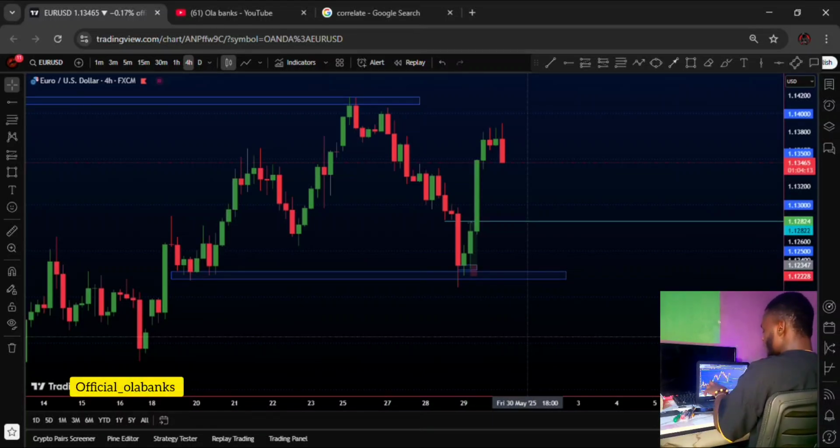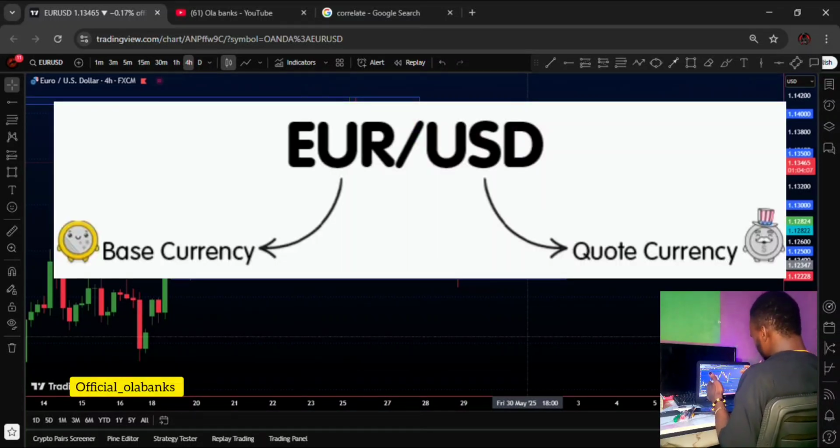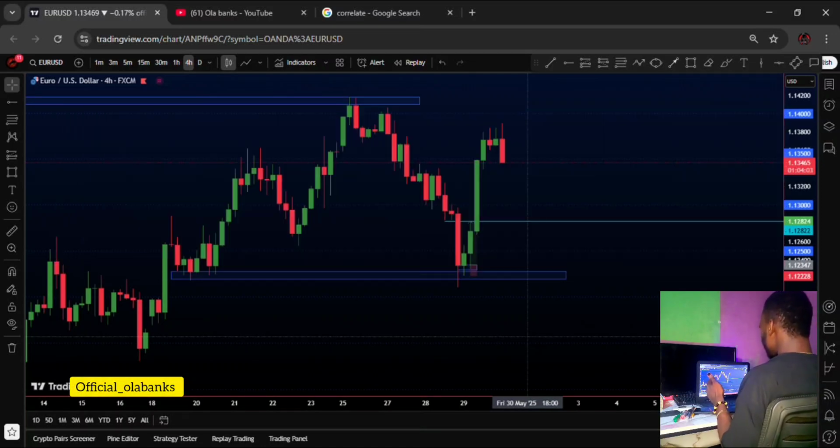The currency on the left hand side is called the base, and the currency on the right hand side is called the quote, you feel me? The currency on the left hand side is the main pair that owns the chart for whatever you are trading. So if it is GBP USD, the main chart is for GBP, you feel me?